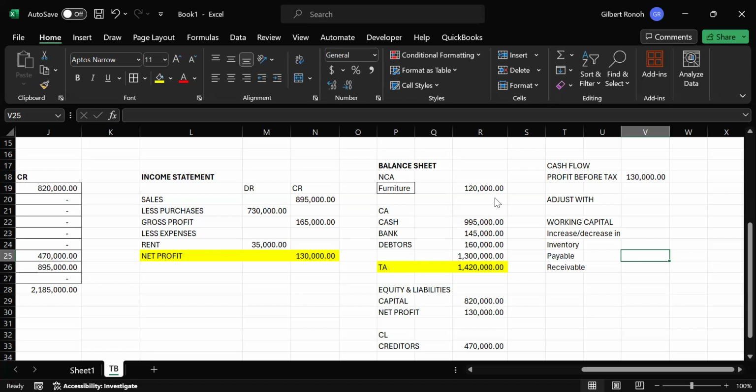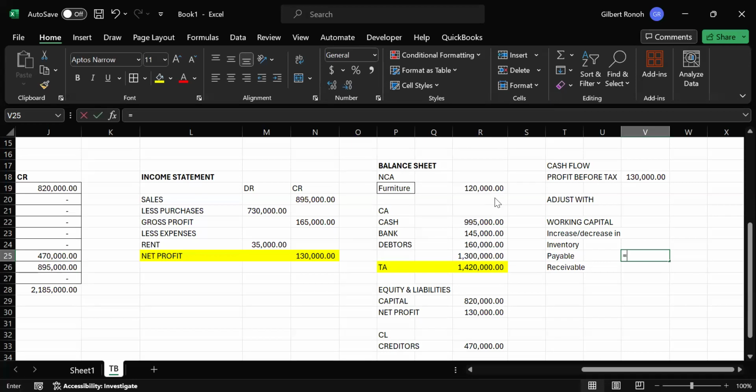You are paying suppliers, right? So if you are paying suppliers, you are reducing your cash. But in our case, we have not paid the suppliers, but we still owe that money. So we are not paying. So it is cash inflow, right?